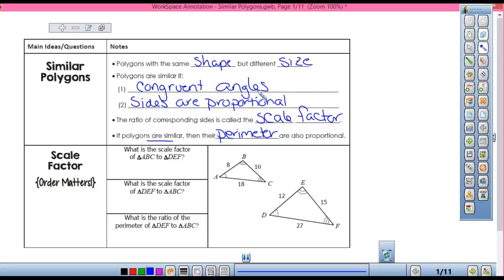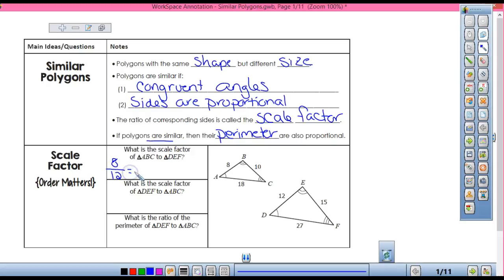All right, so we're going to talk about the scale factor, and it's corresponding sides that have to be proportional. So in this, it says ABC to DEF. So side AB goes with side what? DE. So my scale factor is going to be AB, which is 8, to what's DE? 12.